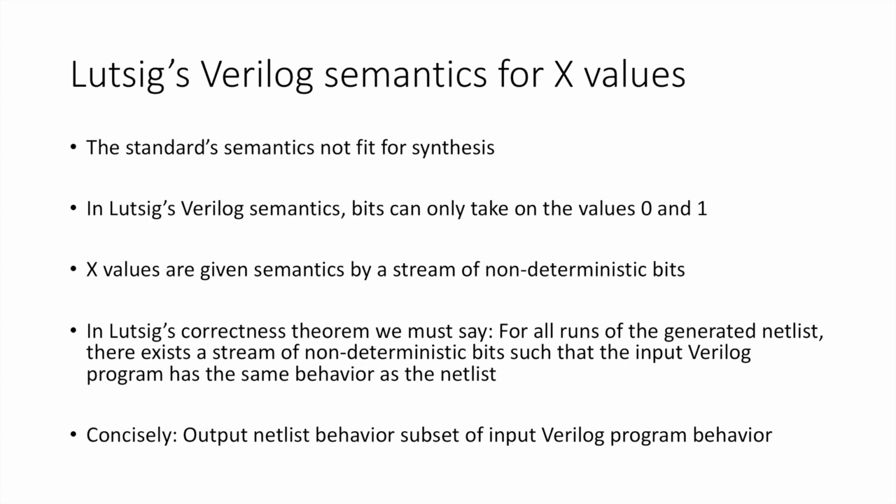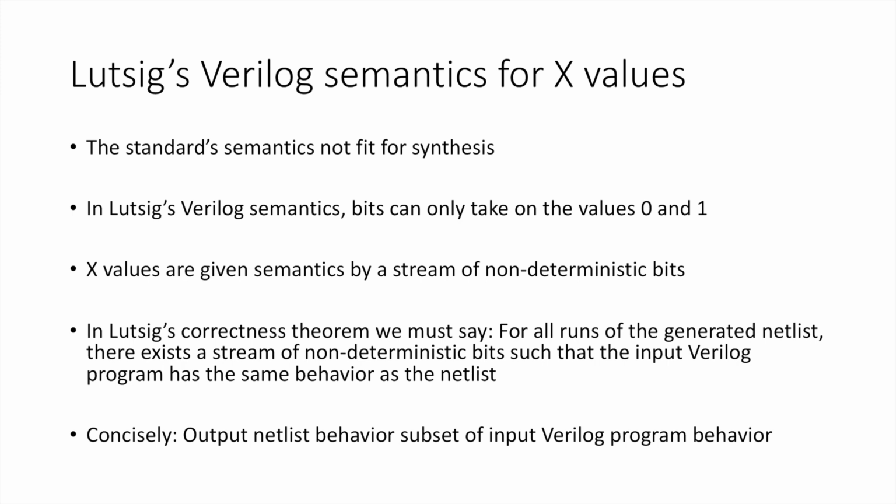And in Lutsig's Verilog semantics, bits can only take on the standard values, meaning being 0 and 1. And X-value assignments are given semantics by a stream of non-deterministic bits. So instead of having a symbolic representation of X-values, we overwrite old values with non-deterministic bits.